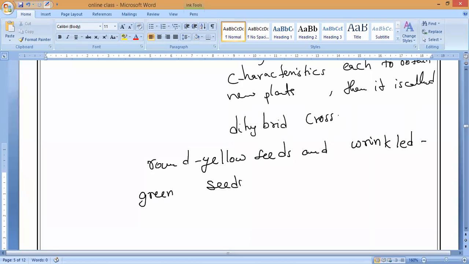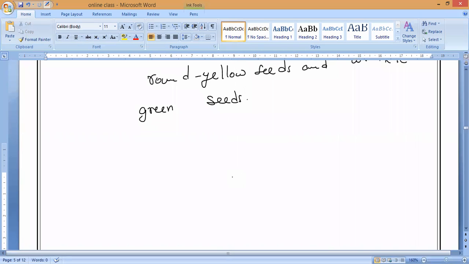So this is what we will study in the dihybrid cross, and in the monohybrid cross we will study either the tallness and dwarfness of the plant by their first generation as well as second generation progeny. So this is all about monohybrid cross and dihybrid cross.